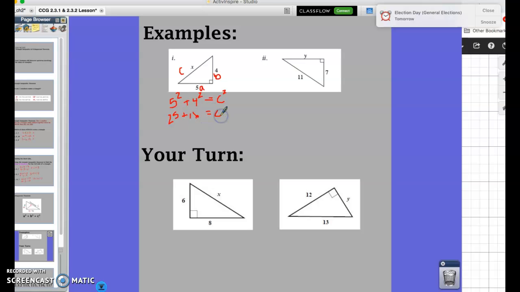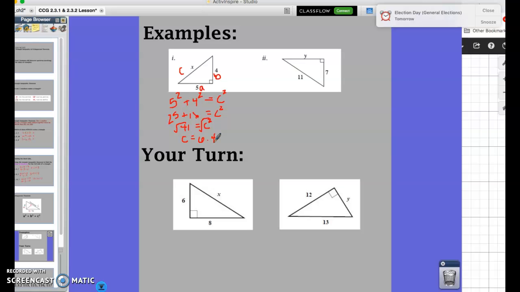Equal to C squared. Add 25 and 16 to get 41. Remember, that's equal to C squared, so now we have to take the square root on both sides. And C is approximately 6.4-ish.